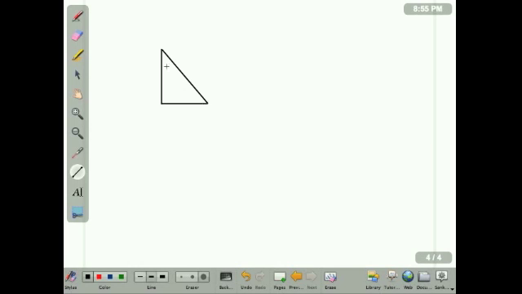And you'll be told that this is 100, and you'll be told that this is, I'll take that back, we're going to change this to a 10, and you're told that this is 9, and we don't know what that length is. We need to find it. So we use a squared plus b squared is equal to c squared.